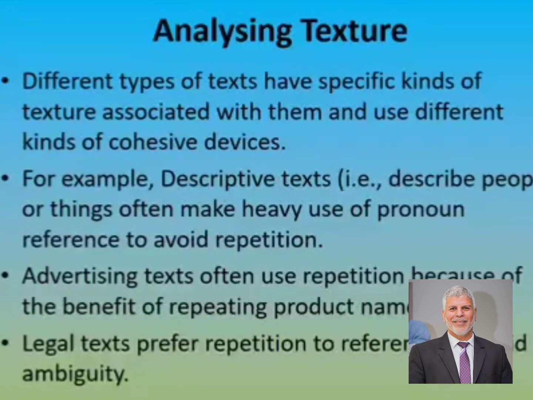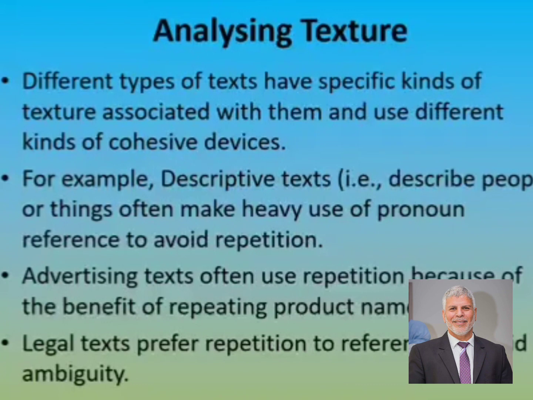In legal texts, on the other hand, there is a preference to repeat rather than to use pronoun reference. Why? Again, here we have a purpose which is different from what we have in advertisement texts. In advertisement texts, we repeat the product in order for the product to be fixed in the mind of the reader, or rather the one who will buy the product. In legal texts, we also prefer repetition of the names and of the things.